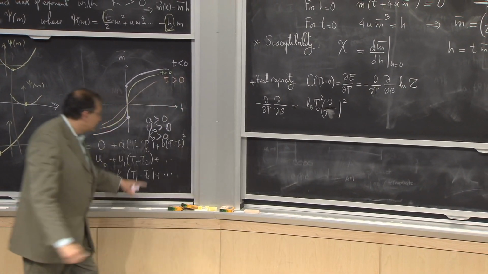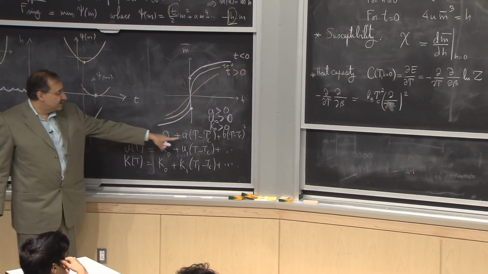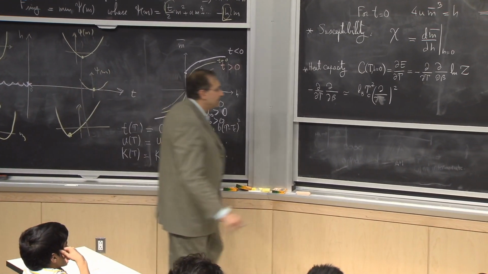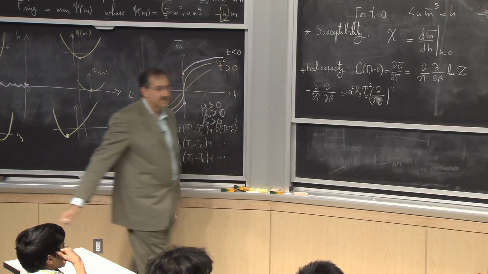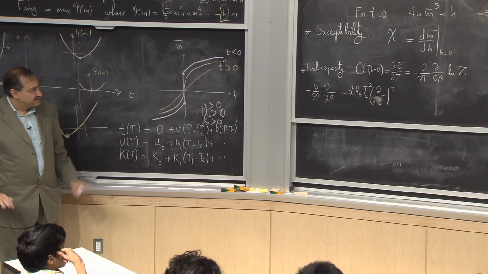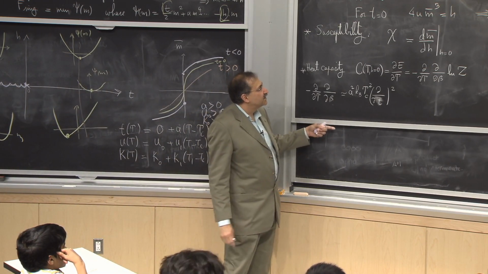Derivatives between temperature and small t are related through a factor of a, so I put a squared up here. Doesn't matter.